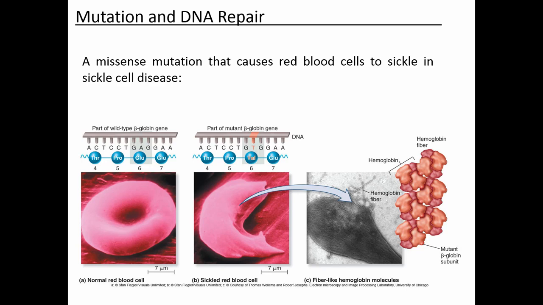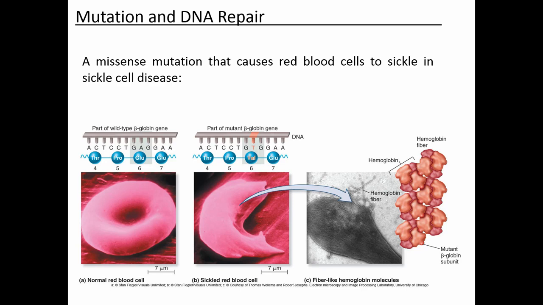Here's the mRNA from the normal gene. We have a GAG here that codes for glutamate, and in people who have sickle cell, a mutation changes this A to a T, and now that codon codes for valine instead of glutamate.